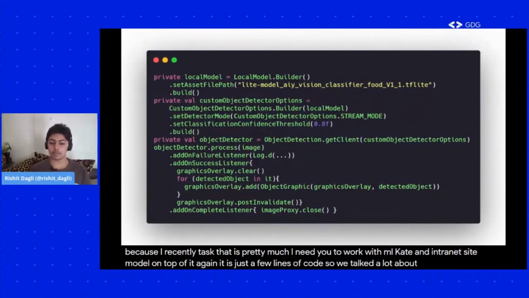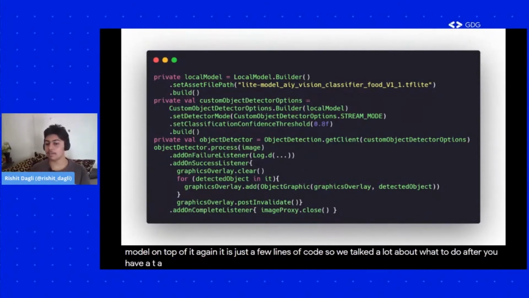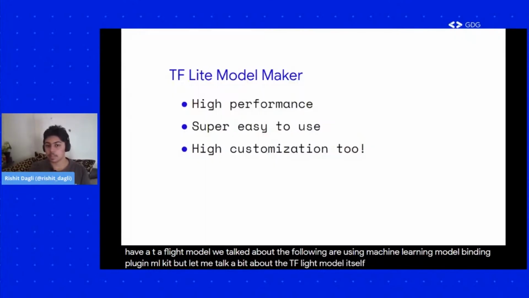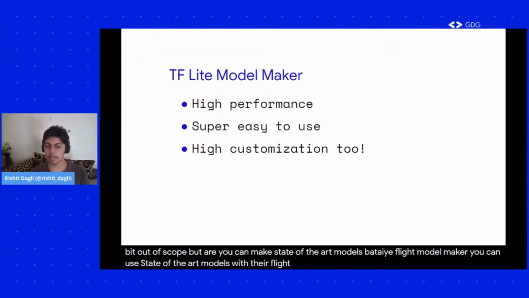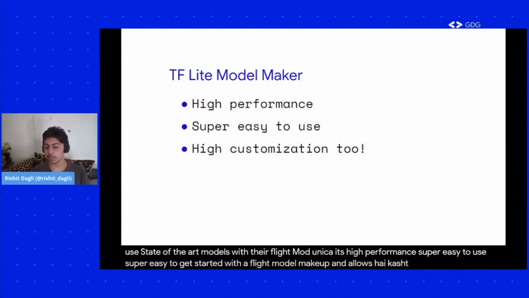So we talked a lot about what to do after you have a TF Lite model. We talked about deploying it using the machine learning model binding plugin and MLKit. But let me talk a bit about the TF Lite model itself. I'll not talk much about these as they are a bit out of scope, but you can make and use state-of-the-art models with TF Lite Model Maker. It's high performance, super easy to get started with, and allows high customization too.